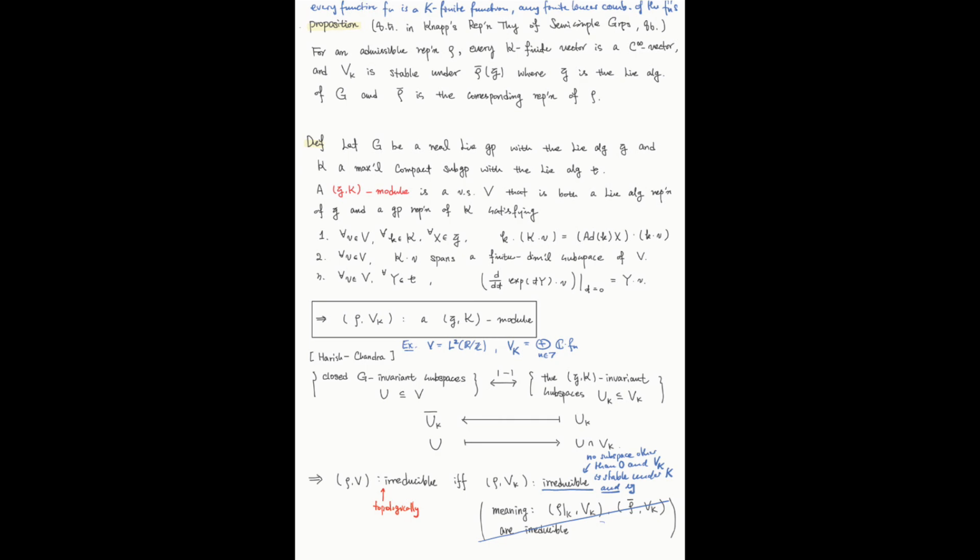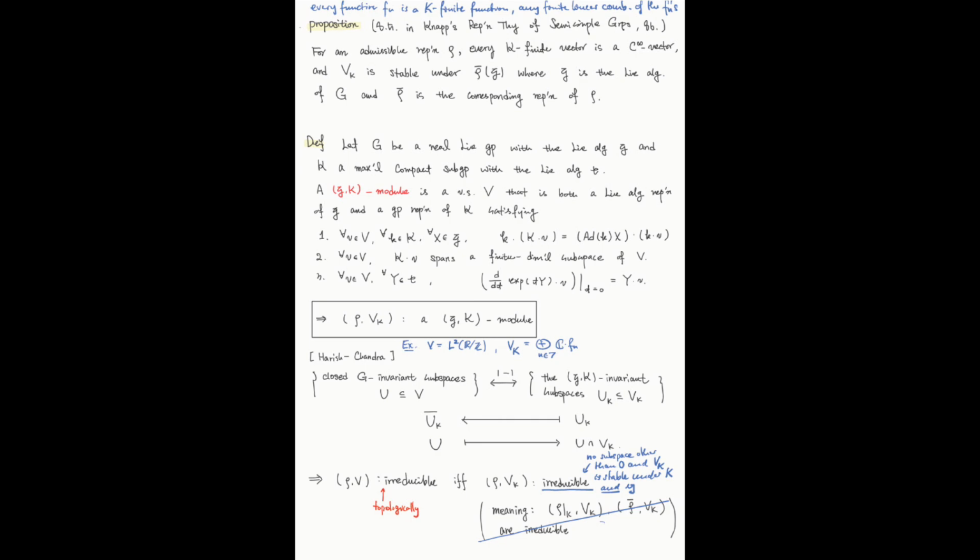Some people like to look at the Hilbert space representations, and other people like to look at these spaces of K-finite vectors from a more algebraic point of view. The best thing is to look at both aspects.